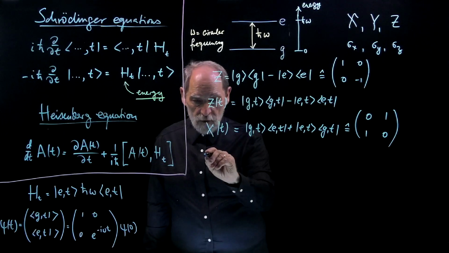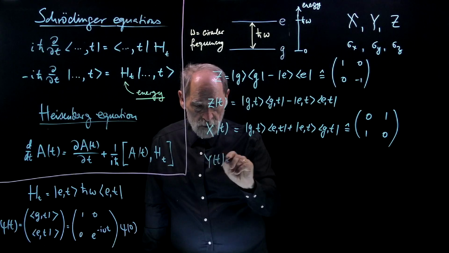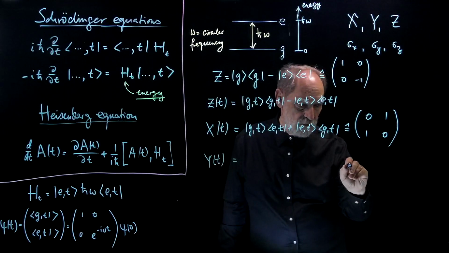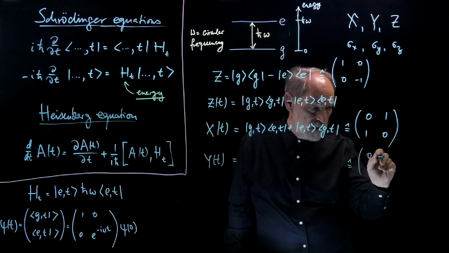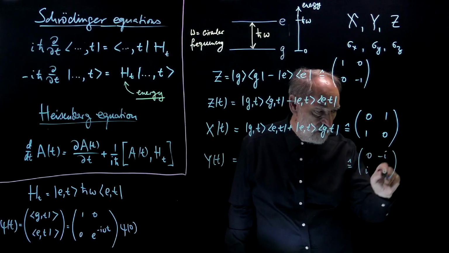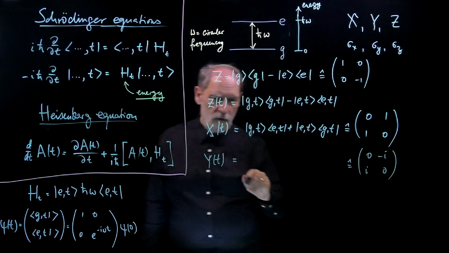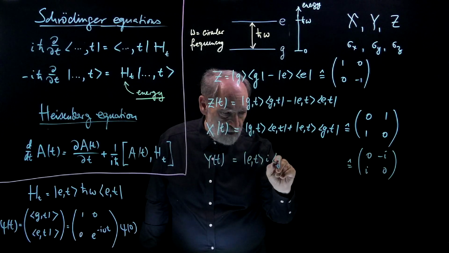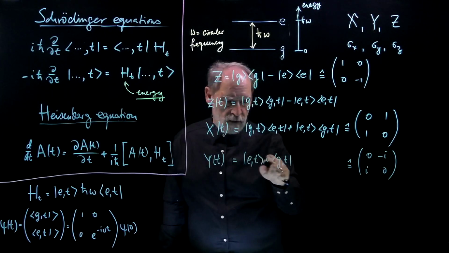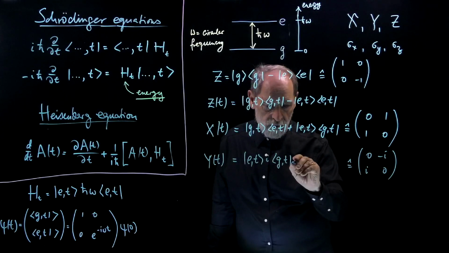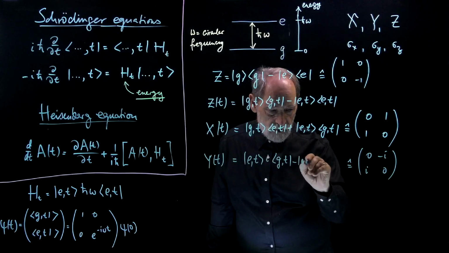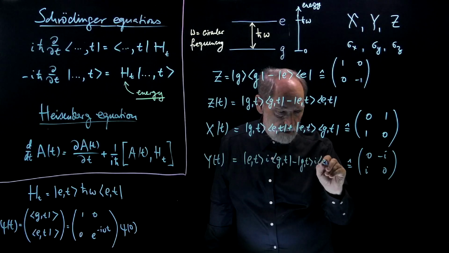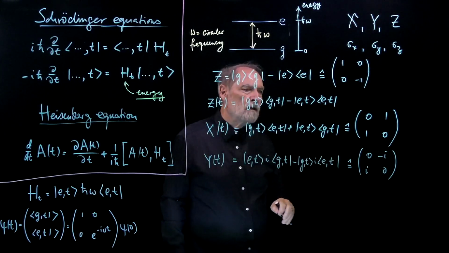For the y operator, we have the matrix 0, negative i, i, 0. And so the i will go with excited state, ground state, ket bra, and the negative i will go with ground state, excited state, ket bra.